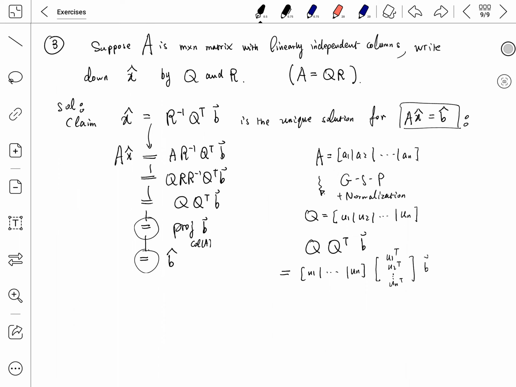So think of this as n by 1 column matrix. Think of this as, so U1, each U1 is n by 1, and so its transpose is 1 by n.